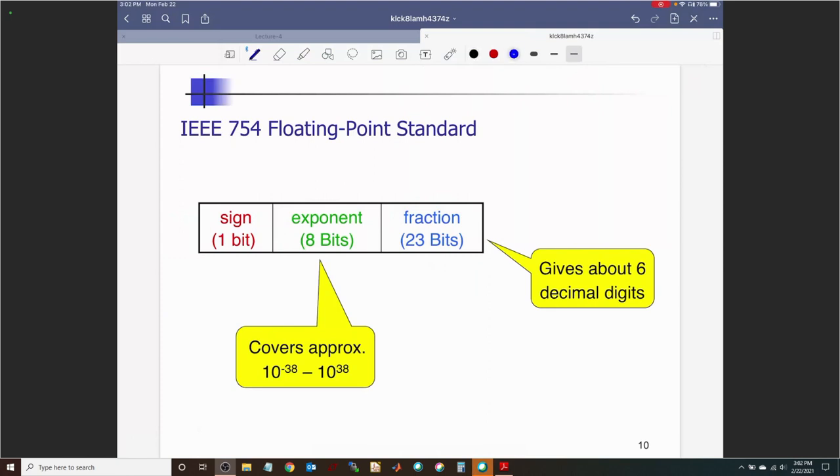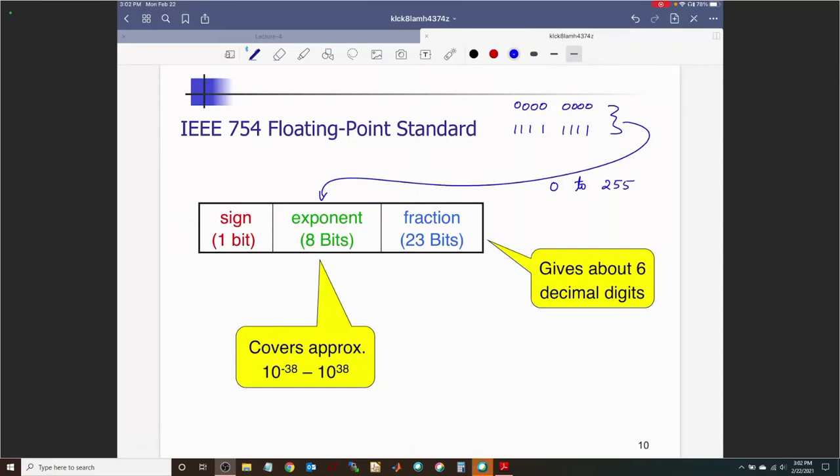Now when you have an exponent that goes from 8 bits, what does that mean? That means that I can go as small as 8 zeros all the way to 8 ones, right? So that is going to be my bits that can go in the exponent field. Now if you want to translate that into decimal numbers just to get a sense of how wide that range is, all zeros indicate 0 and all ones indicate 255.